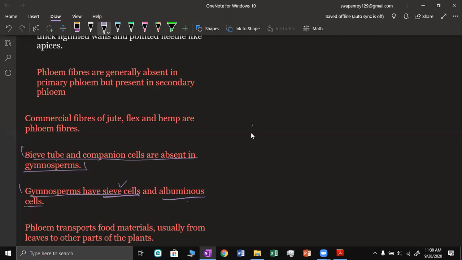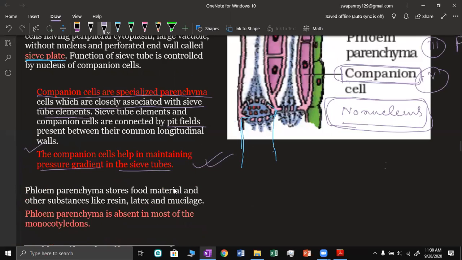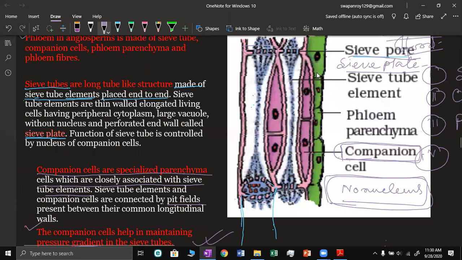They are individual cells, but they can translocate food material. This is important. Within the phloem there are also some parenchyma cells, called phloem parenchyma. Phloem parenchyma store food material and also serve short distance translocation. They are normal parenchyma cells.